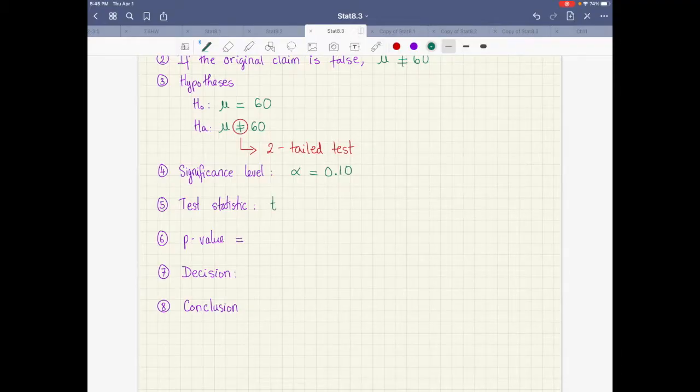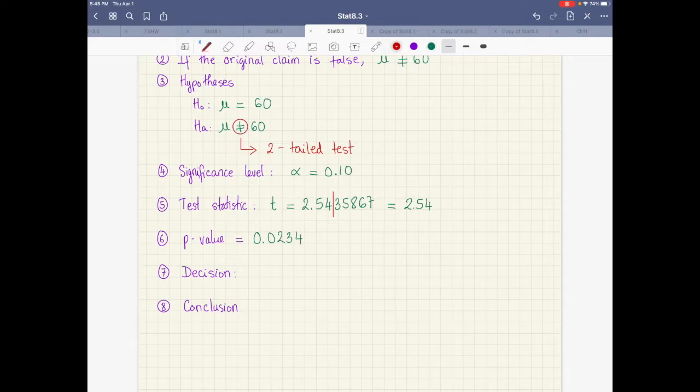For test statistic, I get t equals 2.54358... I am going to round it to 2 decimal places, which is 2.54. And p-value is 0.0234.